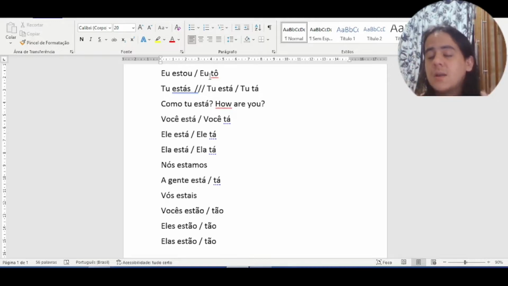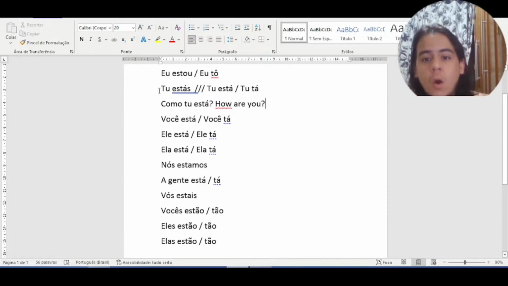The cariocas, the people who live in Rio de Janeiro, tend to mix the personal pronoun tu and the conjugation of você. So instead of saying tu estás or você está, we mix it up. We say tu está. Okay?